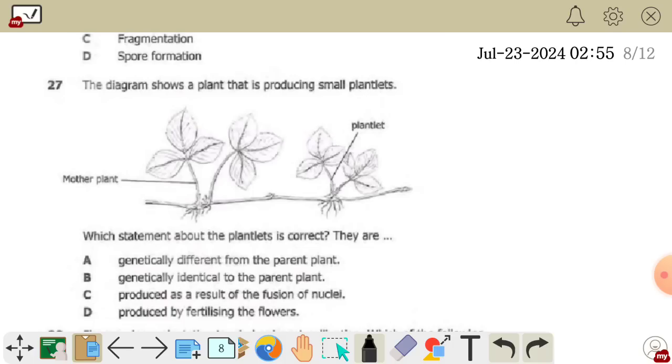So these plants here are genetically identical to the parent plant. They originate from the parent, so they are genetically identical. No fertilization is taking place here. So the correct answer there is B.